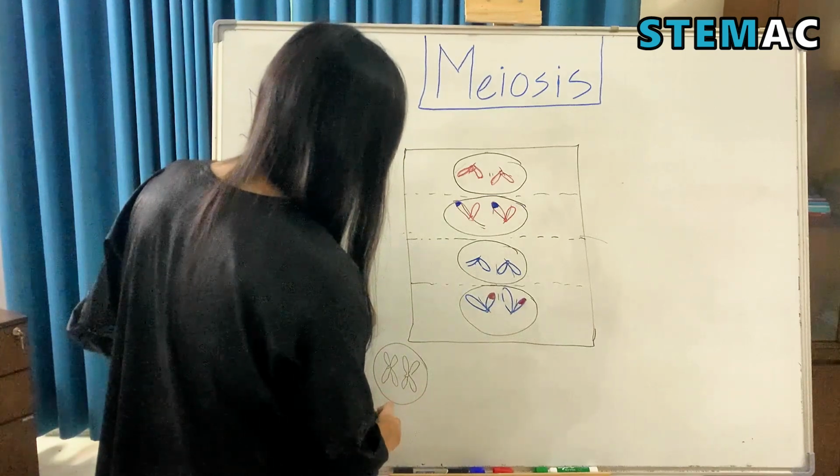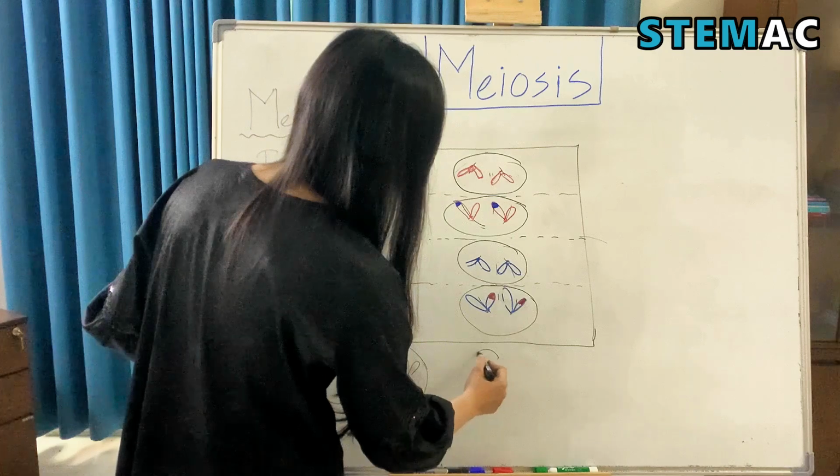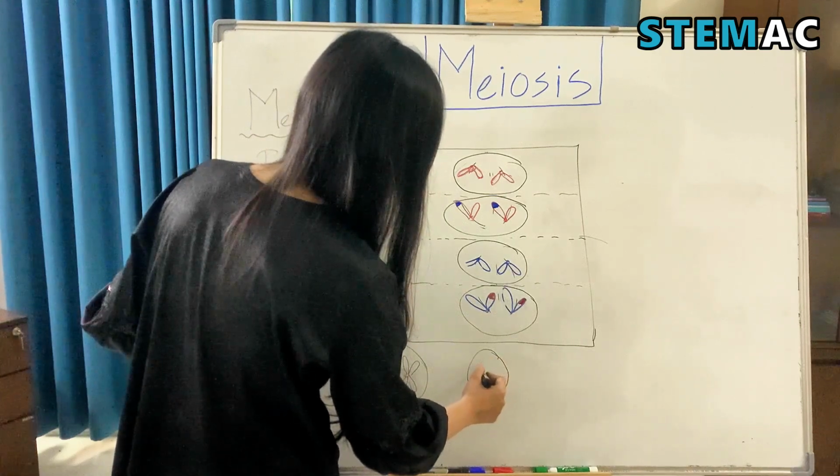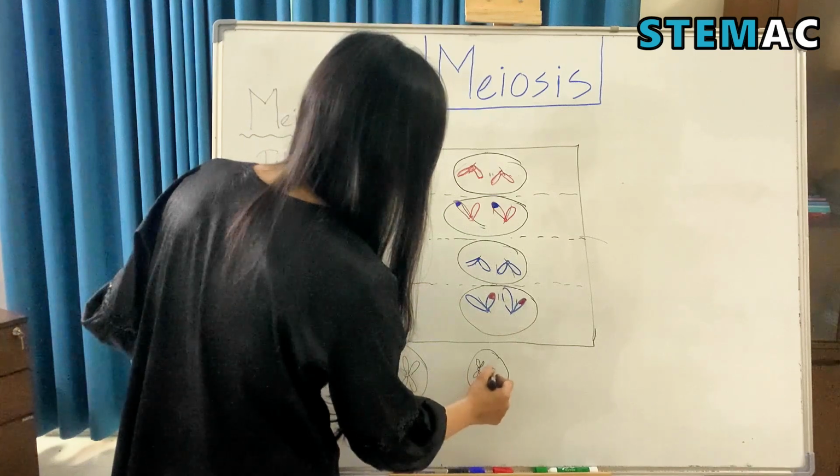Let's say this is an egg cell with 2 chromosomes, and this is a sperm cell. This one also has 2 chromosomes.